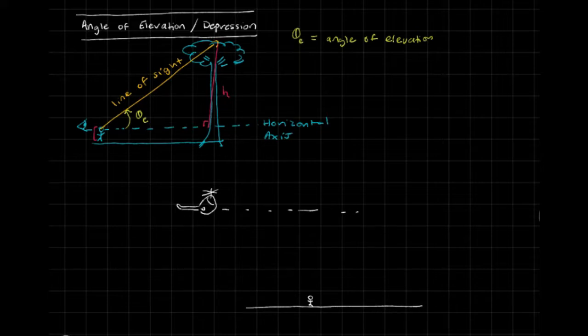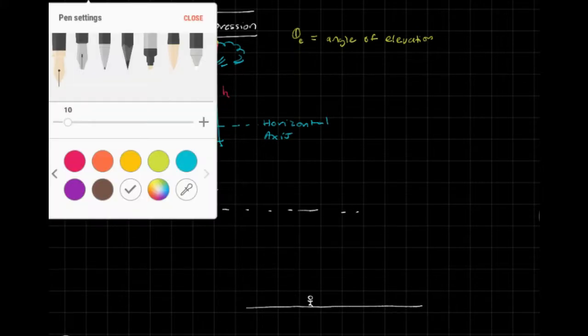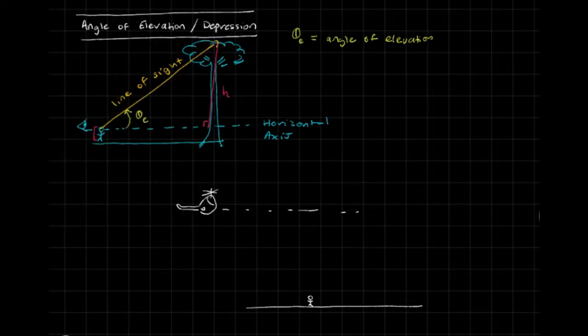All right, so let's take a look at this scenario. So in this case, if you're in the helicopter, say you're here, this is your eye level, so this is your eye here, right? This eye level here, this is your horizontal axis. Okay, so this is your horizontal axis here, right?